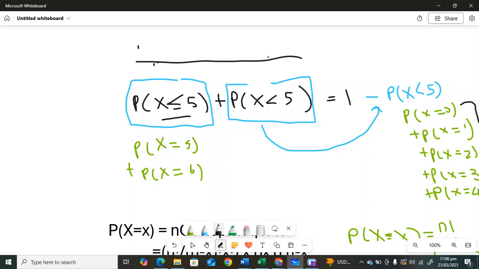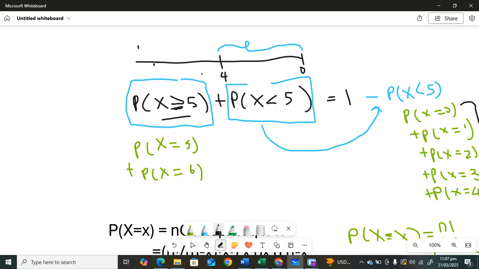This P less than 5 is from 0 to 4 students. Actually, it should be greater than or equal to, because when we say at least, it means 5 is the minimum, so it has to be greater than or equal to.